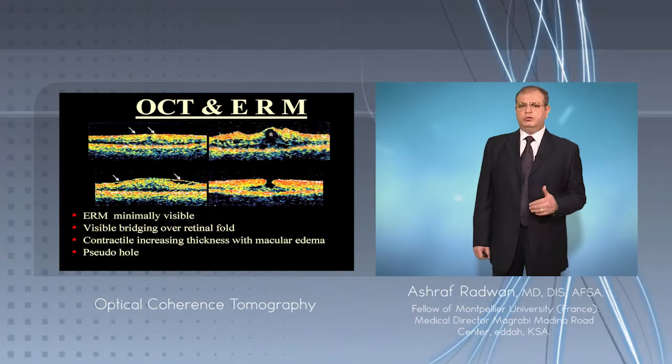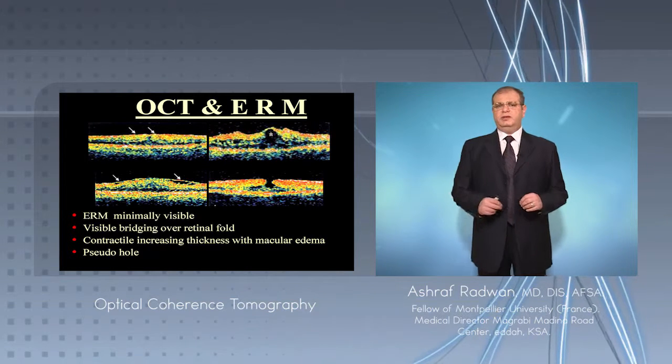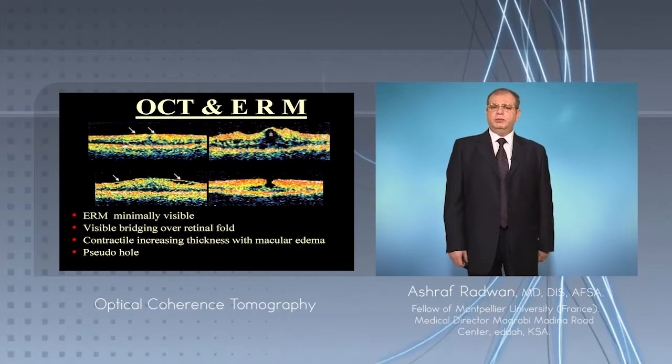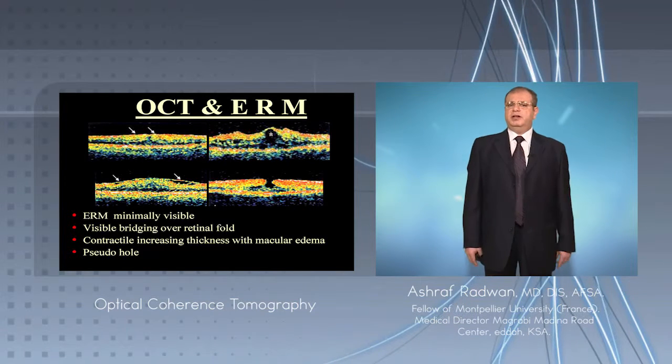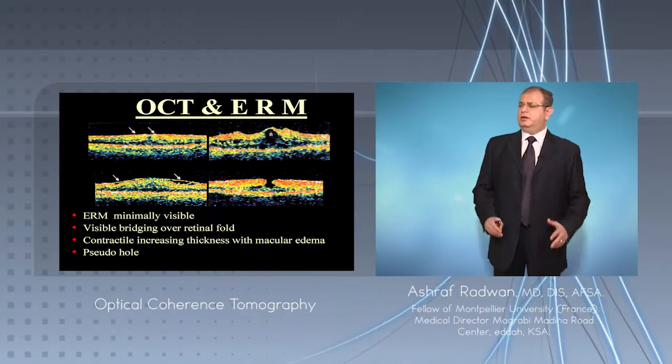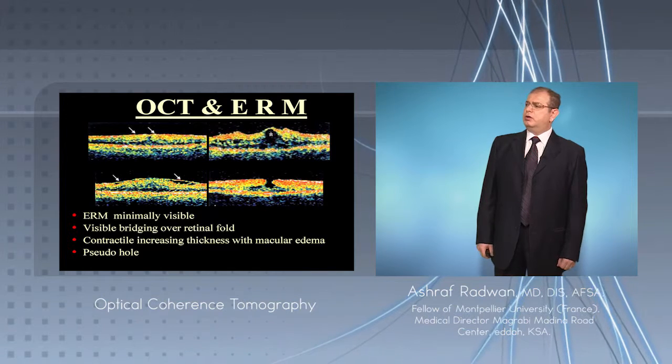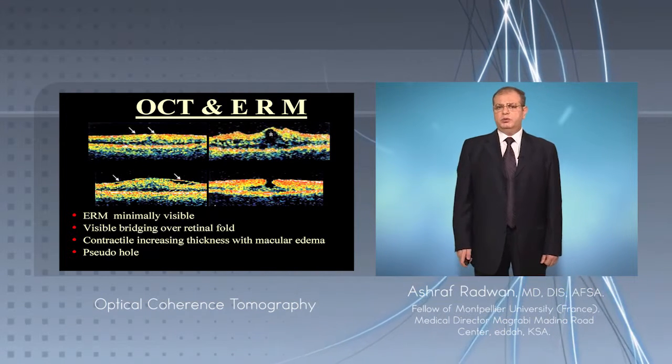If it continues, it could form a pseudohole with increased thickness of the retinal pigment epithelium and verticalization of the border of the hole. This is a landmark for an epiretinal membrane with the pseudohole.